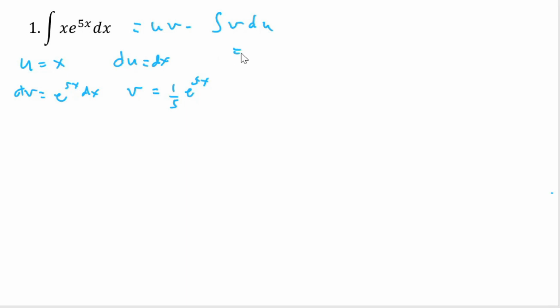By substitution, the product of u and v gives us 1/5 of x e raised to 5x minus the integral of v du, where v is 1/5 of e raised to 5x and du is just dx.